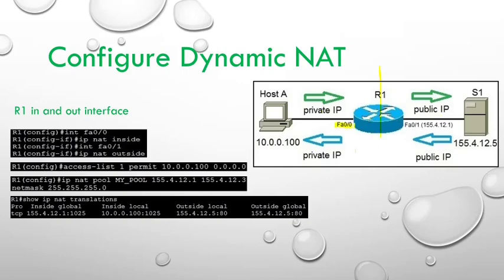For FA 0/0 for the private IP and FA 0/1 for the public. Okay? And then, of course, our access list, which is, of course, we will let 10.0.0.100 to access any or specified public address. And the IP NAT pool, say for example, the given is, of course, 155.4.12.1. Okay?